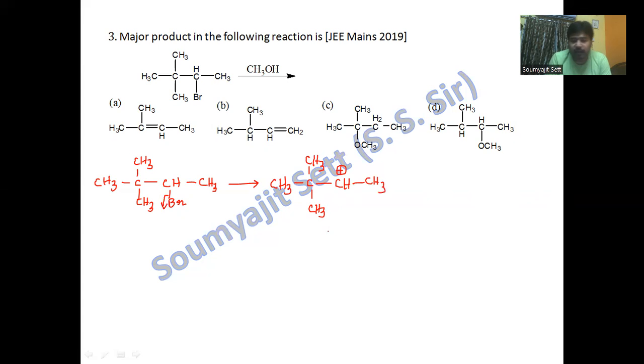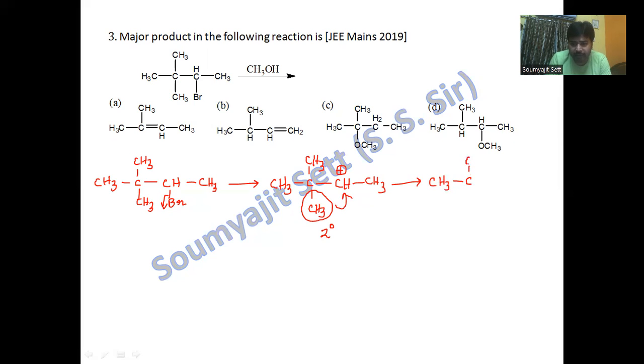Now see, this carbocation is a 2-degree carbocation. Now this carbocation will try to become much more stable, and it will search for this kind of stabilization. How can it be achieved? It can be achieved by methyl shifting. If this methyl has been shifted, what will we get?